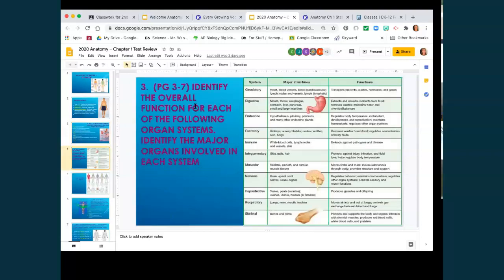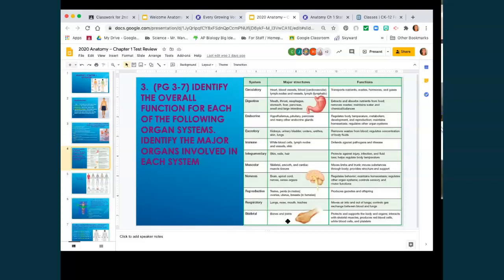And then we talked about each of the systems, and we wanted to know the basic organs. You didn't have to name them all, but like the stomach and the digestive system, the heart and the circulatory, endocrine, any of the glands like thyroid, excretory, getting rid of things, so kidneys, immune system, your lymph nodes, probably tonsils you're familiar with, integumentary, your skin, muscular, any of the muscles, your biceps, your quadriceps, and your nervous system, your brain would be obvious, reproductive, ovaries, testes, respiratory, your lungs, and skeletal is the bones.